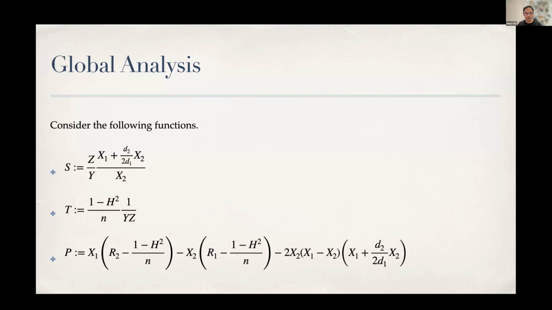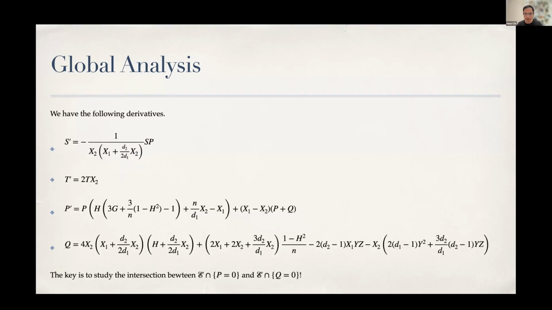Recall that P equals 0 is an algebraic surface, and Q equals 0 is another algebraic surface, and the order is 3. So the computation is complicated, and you need computers to help you with that.